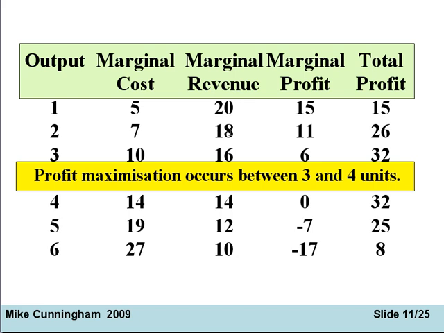But let's say the revenue from selling the second one is 18. The cost of making it is 7, and we get 18 from selling it. Therefore, the marginal profit, the profit on the second unit, is 11. 18 minus 7. We add that 11 to what we made on the first unit, we get 26. 15 plus 11.